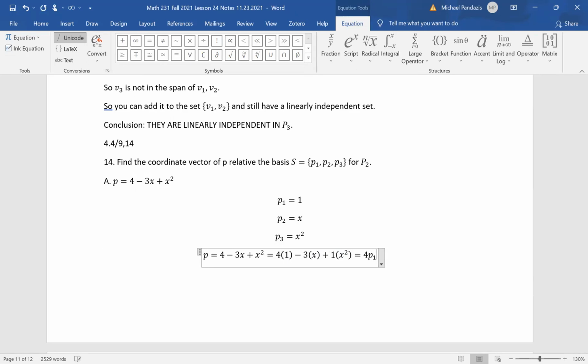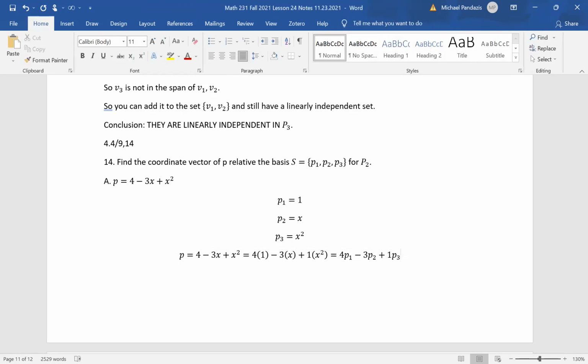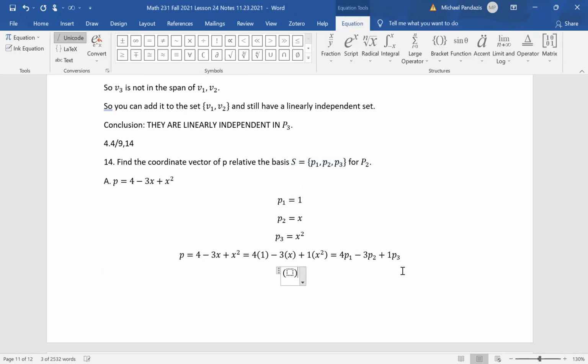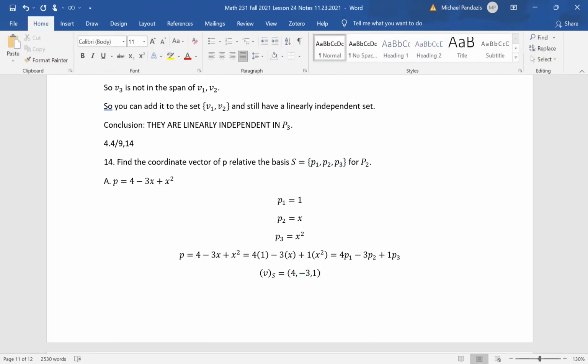The 1 is p1, so that's 4p1 minus 3 times x, which is p2, plus 1 times x squared, which is p3. I've now written p as a linear combination of p1, p2, and p3, which are the basis vectors in basis S. So the coordinates of that vector relative to this basis S is 4, negative 3, 1. So that's part A of 14.